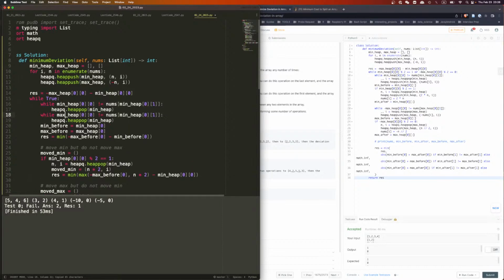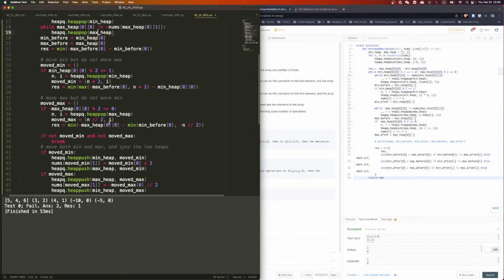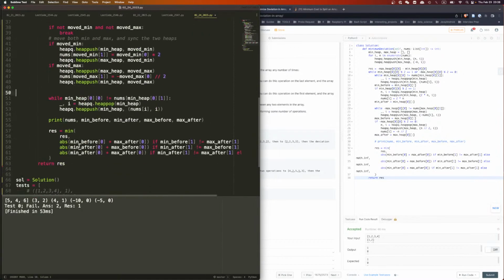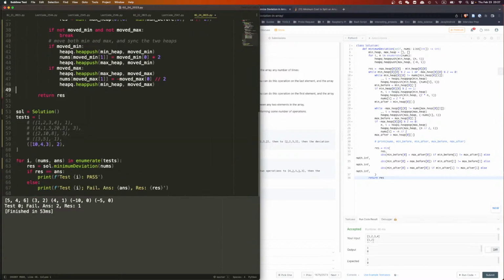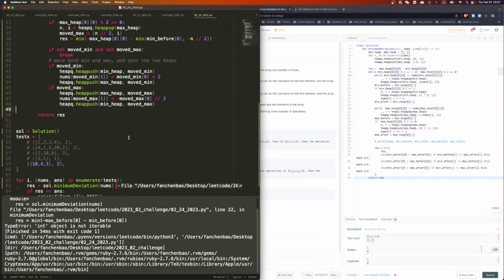And for the max heap, if it's not equal to minus max heap, then we pop. Then we get a current, then we update, then we move this. Okay, let's try this one. Int object is not, wait, what?